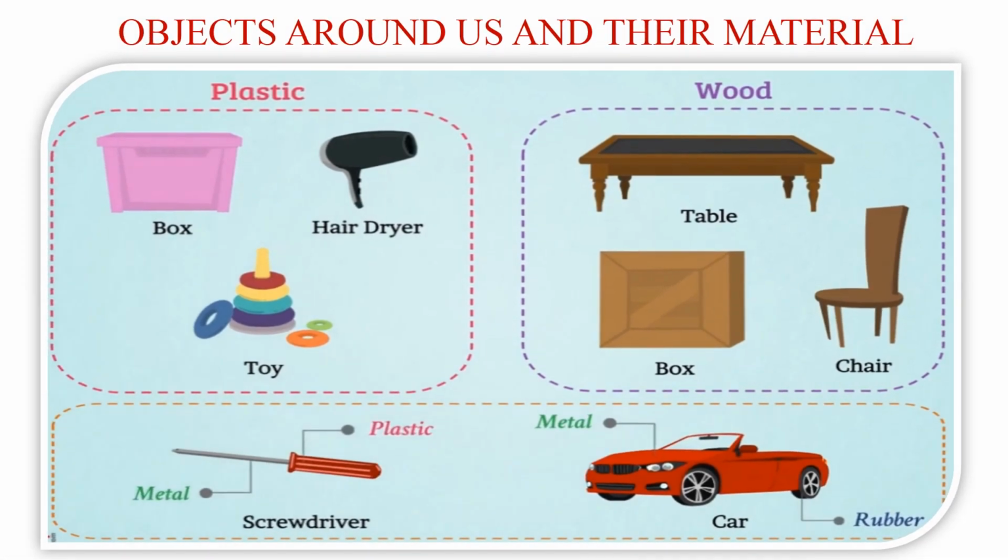You will find that objects such as box, hairdryer and toy are made of plastic. Objects such as table, box and chair are made from wood. And screwdriver and car are the things which are made from combination of more than one material.